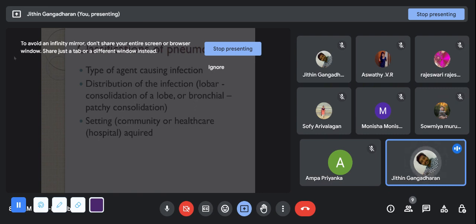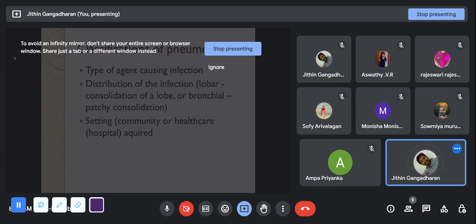First one is community acquired pneumonia. You acquire the pneumonia from your surroundings. In community acquired pneumonia, the organisms are Streptococcus pneumoniae, Haemophilus influenzae, and chlamydia. All these can cause pneumonia in the lungs. Usually, the main causative organism of pneumonia is Streptococcus pneumoniae, or pneumococcal pneumonia.